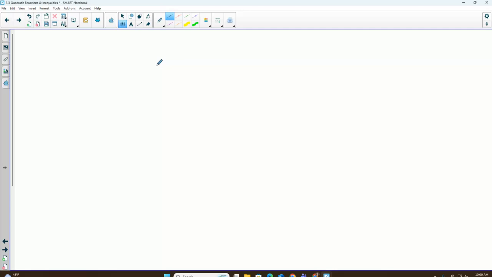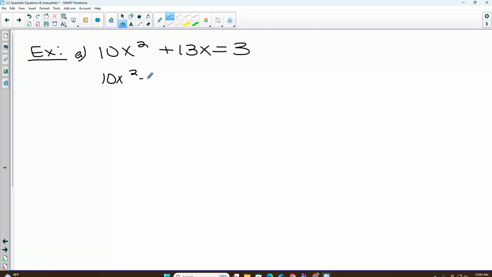So if I gave you x squared plus 13x equals 30, how would we solve this? Subtract 30 from both sides. Get it equal to 0. Then what do we do?